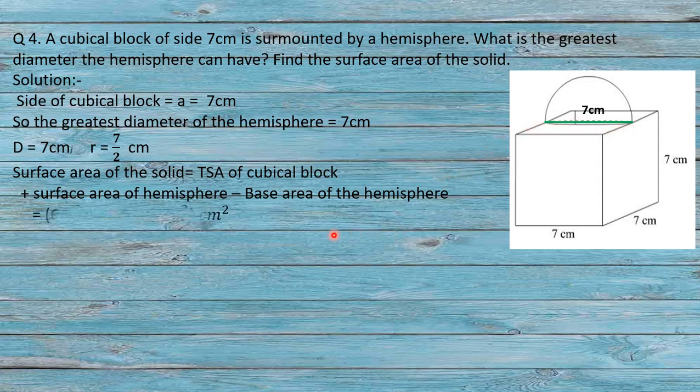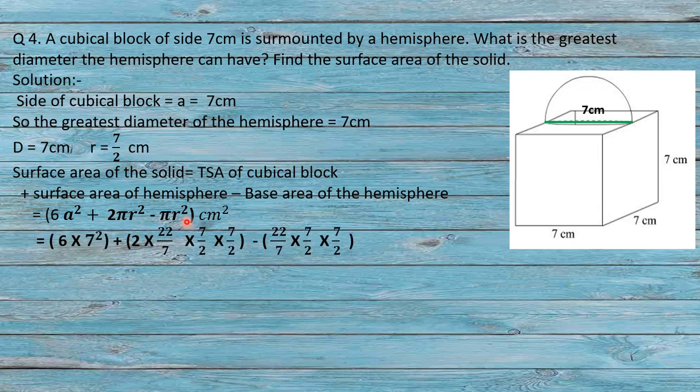So we can say total surface area is 6a square plus 2 pi r square minus pi r square, as we don't have to find the total surface, we have to find the curved surface. Curved surface is 2 pi r square, but the base of this hemisphere is also a circle. This area we are not considering here, so we have to subtract this pi r square from the sum of the total surface area of the cubical box and the surface area of the hemisphere.